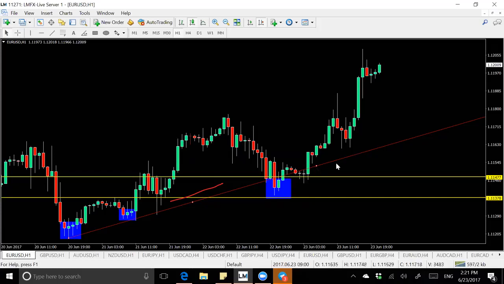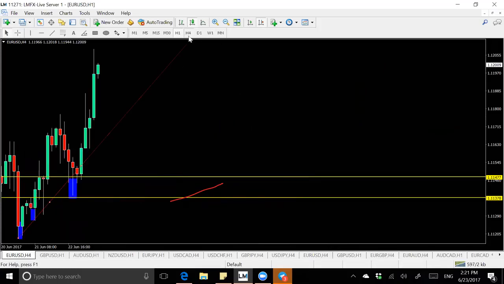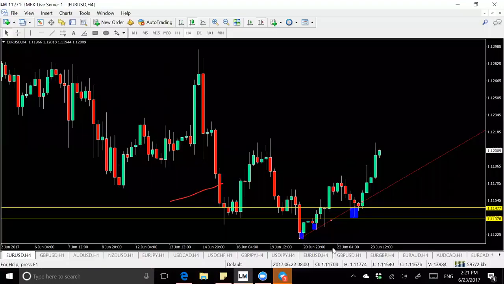And now let's check this trend line on the 4 hour if it makes more sense. Now look at that. Would you say this makes more sense now? Because earlier we joined the wicks, but that price doesn't really exist.